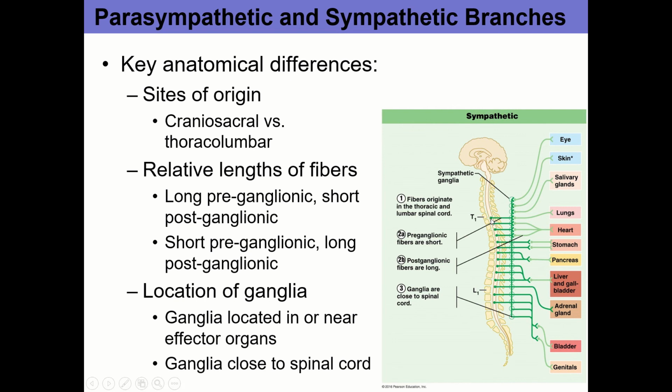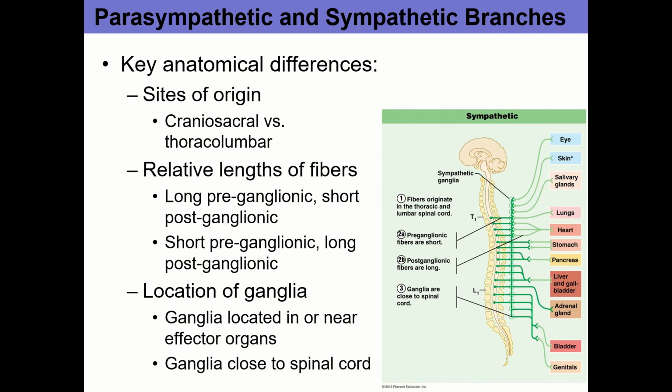So you've got a cell body here in the lateral horn of the spinal cord. Its axon is going to run out the ventral root into the spinal nerve, into the ventral ramus, and then it's going to run into a ganglion called a trunk ganglion that sits just outside of the spinal cord.